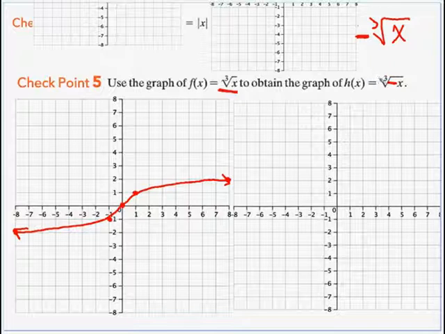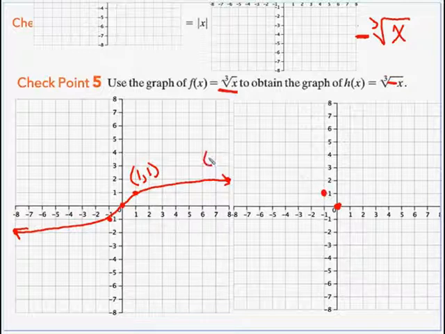Before, I took all my y values and changed their sign. So let's see here. This point was 1, 1, or excuse me, we're going to change all the x coordinates' signs, not the y coordinates. So here was 1, 1. Now on our reflected graph, it'll be negative 1, 1.